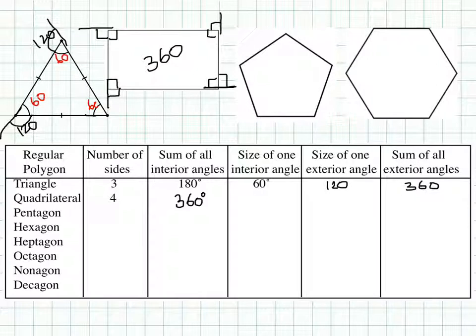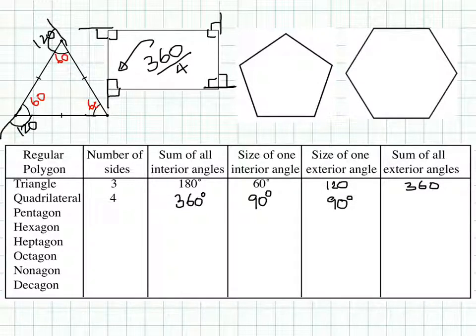Because I expect all of my angles to be just about the same on the inside, if I divide my 360 by 4, it's going to tell me that all of my angles will be 90 degrees. So my interior angle is 90 degrees there. I've already worked out that my exterior angle is also 90. So I'm going to write that in now. Exterior angle is 90 degrees.